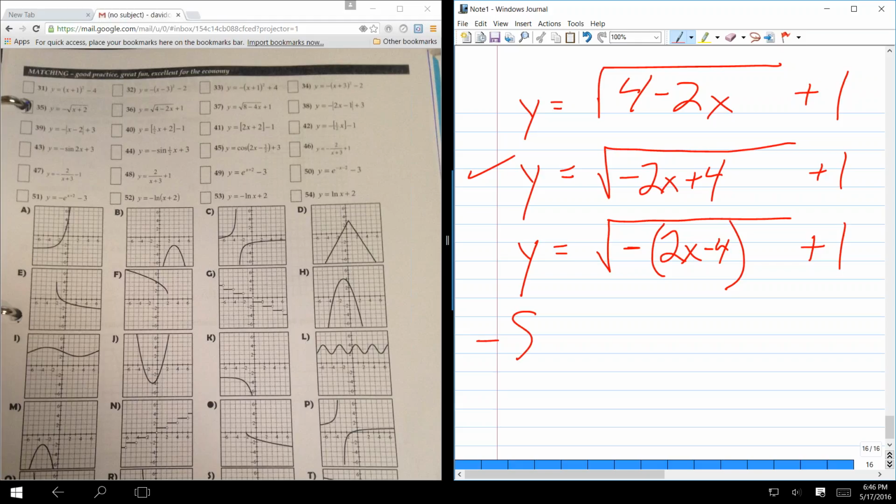Minus f of x is a flip over the x-axis. But f of minus x is a flip over the y-axis. Now, this still has a bunch of other stuff going on. But the very first thing is the flip over the y-axis. You'll always do your reflections first.